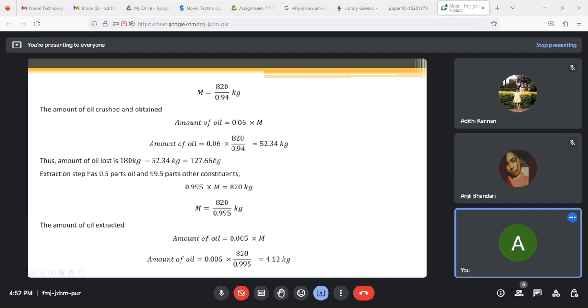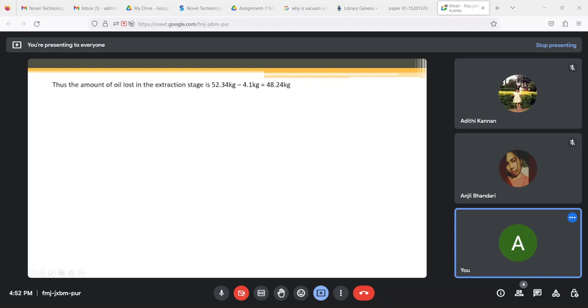So you had already lost a lot, and you had only 52.34 left. From that 52.34, you again have only 4.1 kgs, and the rest is lost. So 52.34 minus 4.1 kgs is equal to 48.24 kgs.